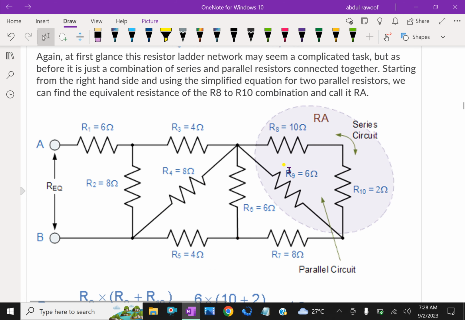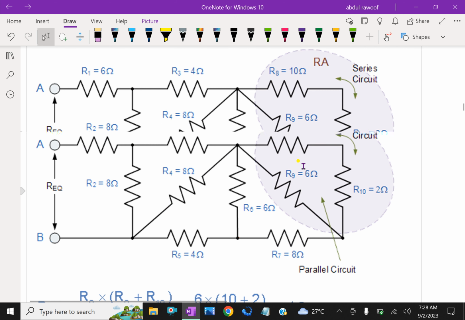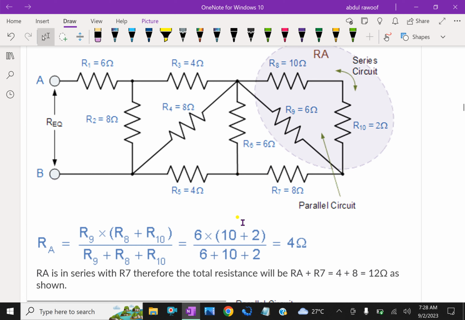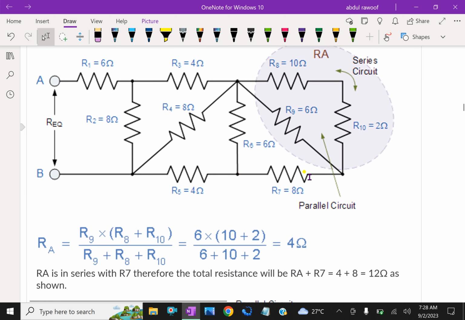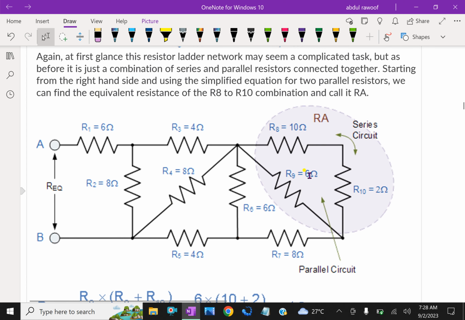Look at these shaded things. So we have to calculate this one first. RA equals R9 plus R8 plus R10.